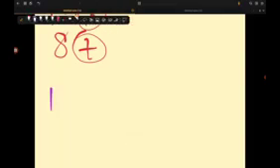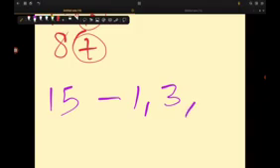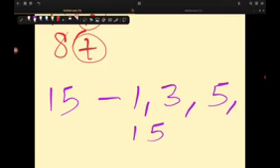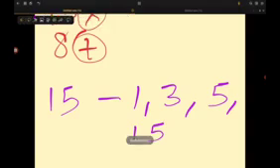If I want to look for factors of 15, I will have 1, 3, 5, then 15 itself. So in fact, I can quickly do the pairs. Which two numbers here will give me 15? I think it should be 1 and 15, then 3 and 5.